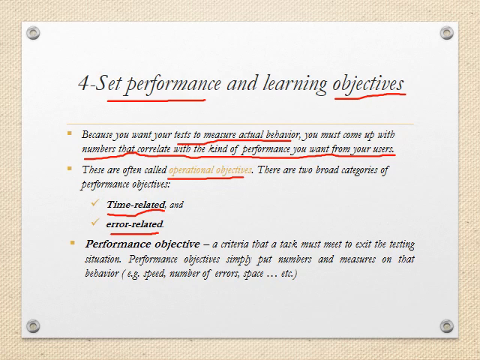Now, in general, the performance objective states how long a procedure should take, and we sometimes call it the exit criteria. It's a criteria that a task must meet to exit the testing situation. Now, when I'm testing, I will keep testing till I get to a point where I meet what we call the exit criteria.